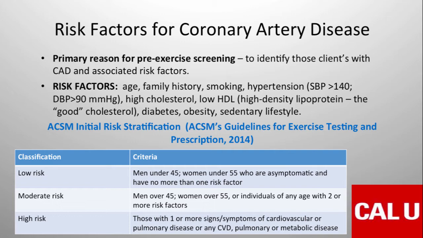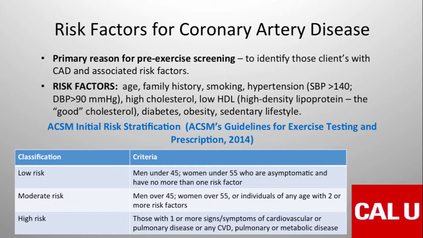Many of these initial risk factors can be seen in the ACSM's guidelines for exercise testing and prescription for 2014. If you look at the grid below, we show that there are categories of low risk, moderate risk, and high risk. Low risk are men under 45, women under 55 who are asymptomatic and have no more than one risk factor.